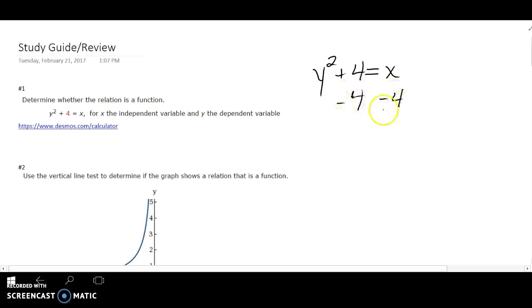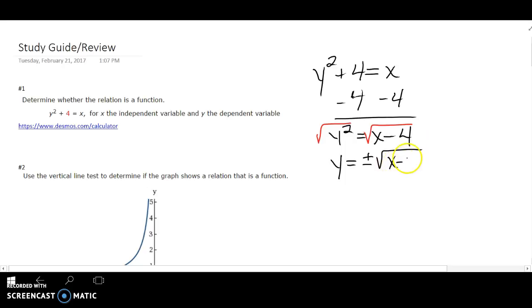Let's subtract 4 from both sides. That's going to leave me with y squared equals x minus 4. And to get y by itself, I would have to take the square root of both sides, which is going to give me a plus and a minus.